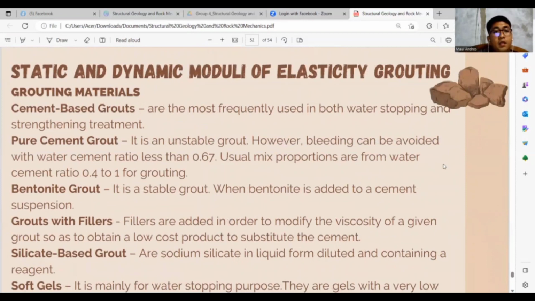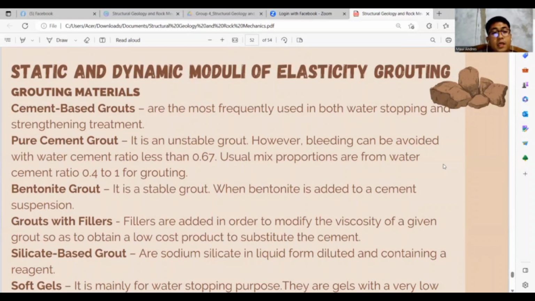And grouting materials. Cement-based grouts are the most frequently used in both water stopping and strengthening treatment. Pure cement grout is an unstable grout; however, bleeding can be avoided with a water cement ratio of less than 0.67. Usually mixed proportions are from water cement ratio 0.4 to 1:4 grouting.